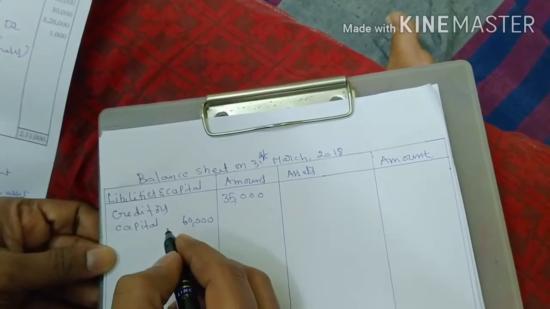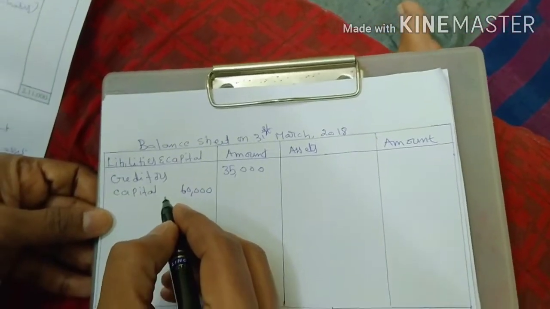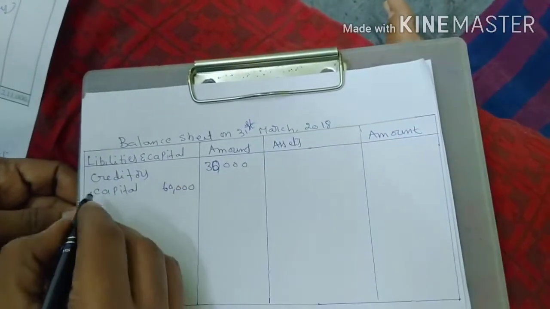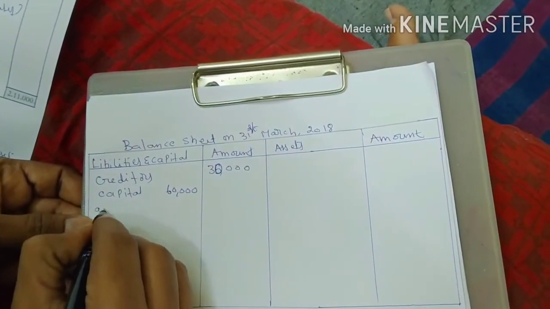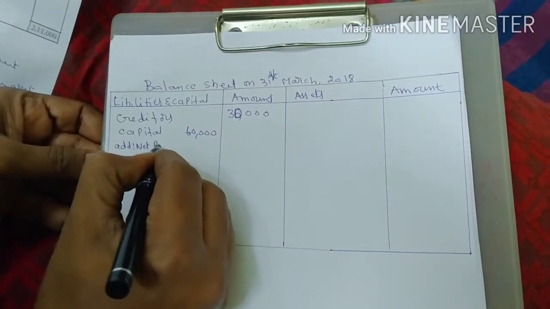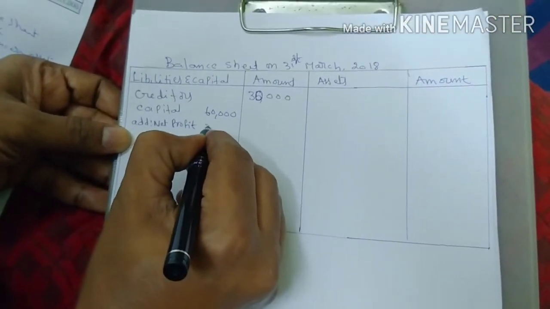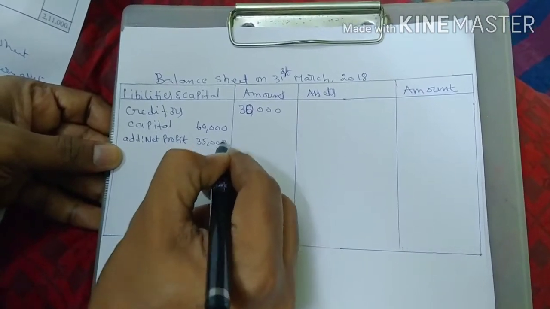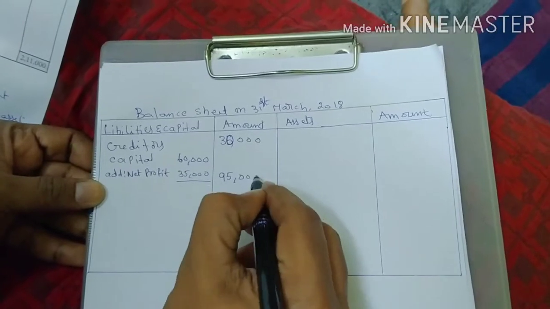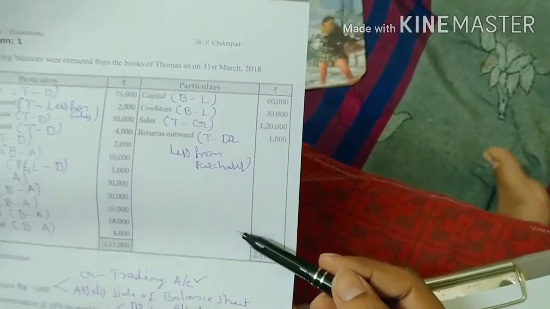We should add net profit to it. Sorry, creditors 30,000. We should add net profit, that is equal to 35,000 rupees. Total 95,000 rupees. So here all related activities are complete.